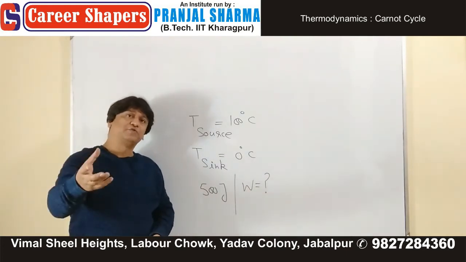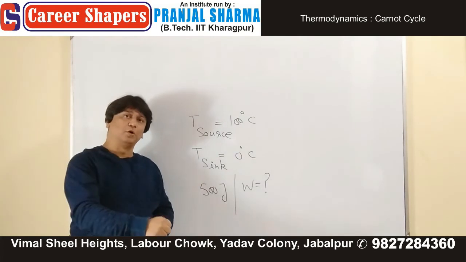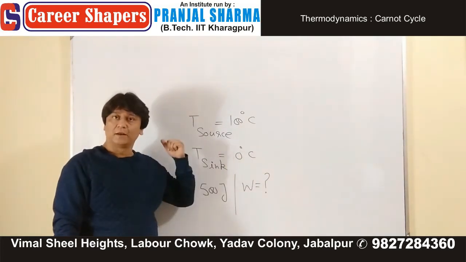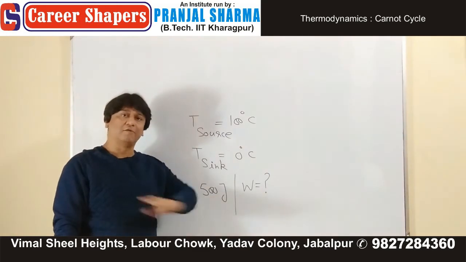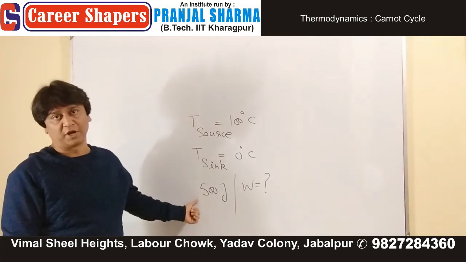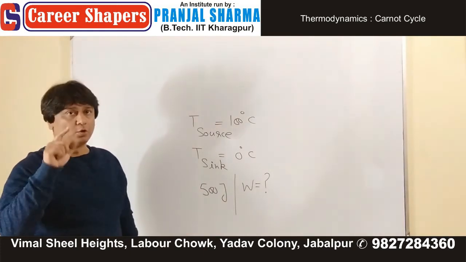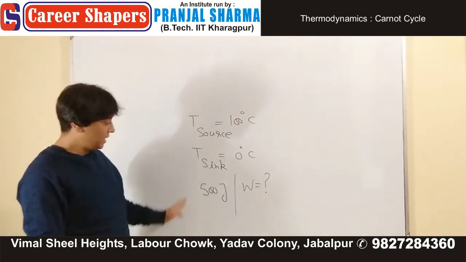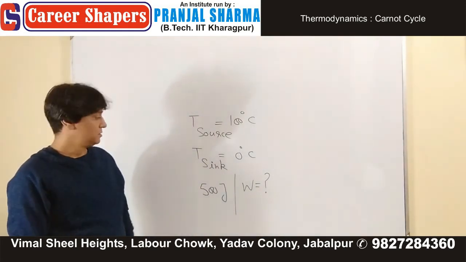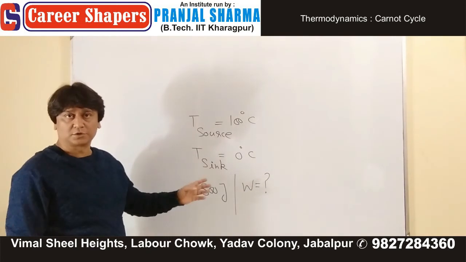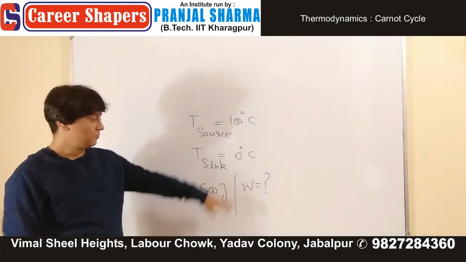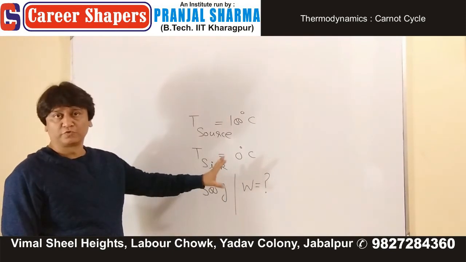If you are transferring energy from high temperature to low temperature, then efficiency can never be 100%. That means if I give you 500 joules of energy, there is no way you can use the entire 500 joules. Some part will be lost to the surrounding, and therefore find me useful work.